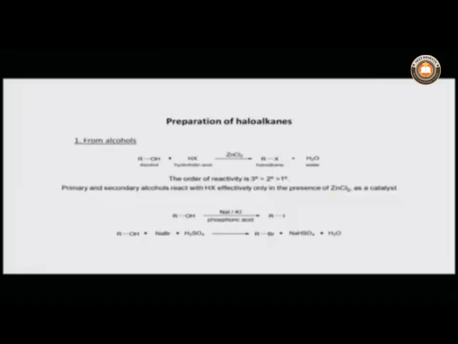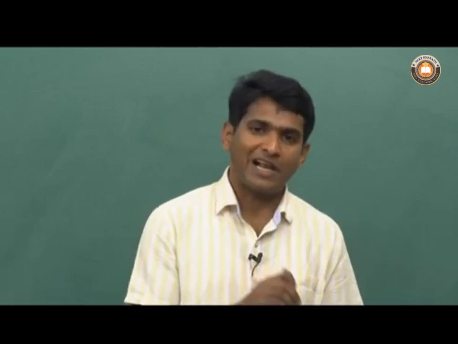Okay. Now, since we have talked about all these things, the next thing that I would discuss is the preparation of haloalkanes. So how can haloalkanes be prepared? The most simple preparation of haloalkanes should of course be from the most available set of molecules. The most easily available molecules are hydrocarbons, right, because they come from petrochemicals. After that, those are alcohols.